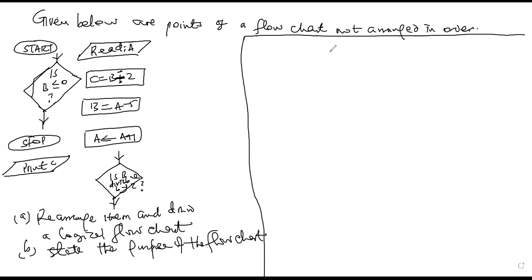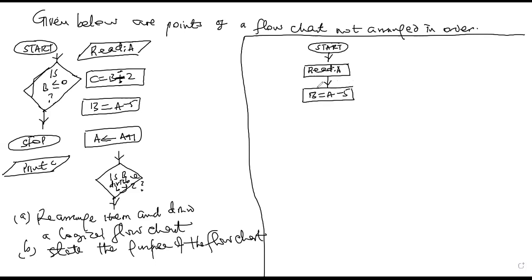Now, I will say start. I'm going to use smaller shapes so that my flowchart can fit. Then I will read A. After reading A, we can get B. And we've said that B is the same as A minus 5.